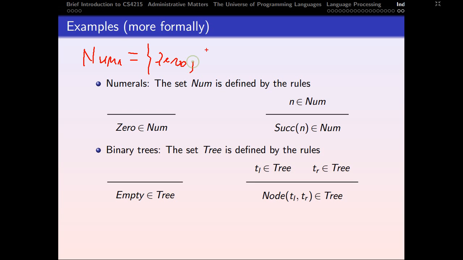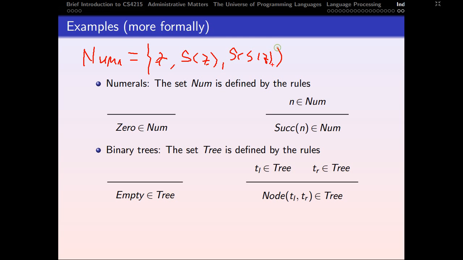Okay, I have to put successor of 0. Maybe I should just say Z. How does it look on the screen? SZ, right? And SSZ, and I can go on. And is that all I can put in?